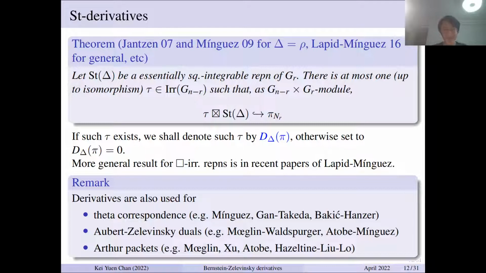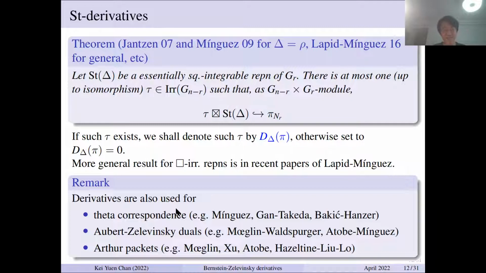And we just mention there are some interesting directions. Try to generalize those square-integrable representations, or even more general representations, to something like the square-integrable representations. There are some recent papers by Mínguez doing such things. Okay, but we won't use those things in this talk. Also I mention some other application work, and we consider those things in branching laws. There is some theta correspondence.